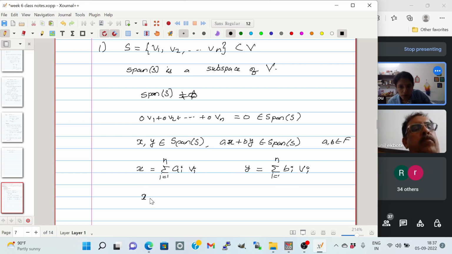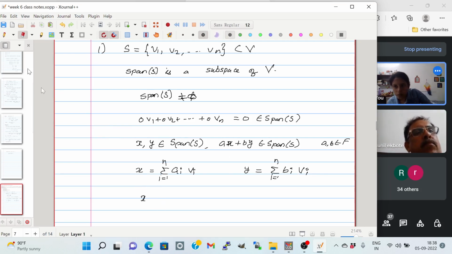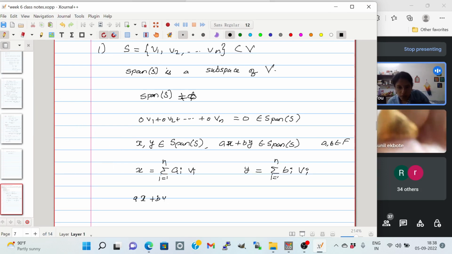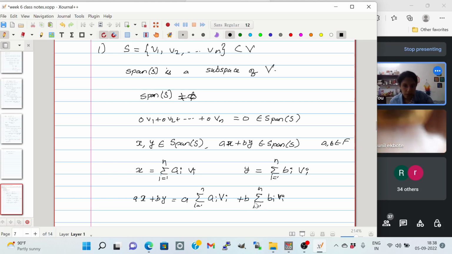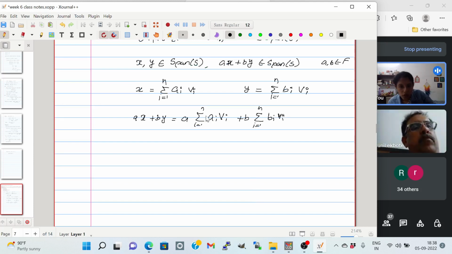So what will be our ax plus by? It is a times summation ai vi where i from 1 to n, plus b times summation bi vi where i varies from 1 to n. I am taking the coefficients of vi together.